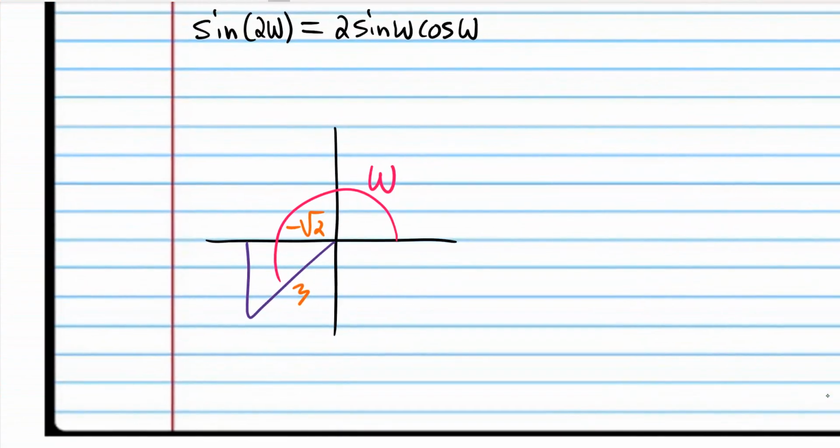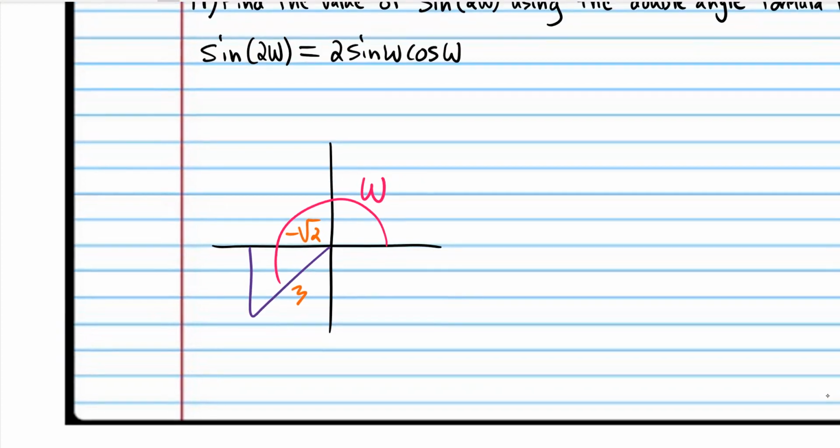So now we're going to use the Pythagorean theorem to find the missing side. We have 3 squared is equal to b squared plus negative root 2 squared.